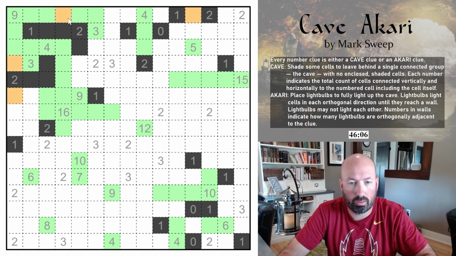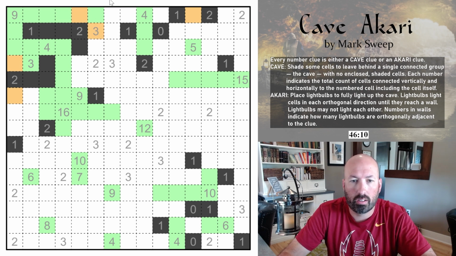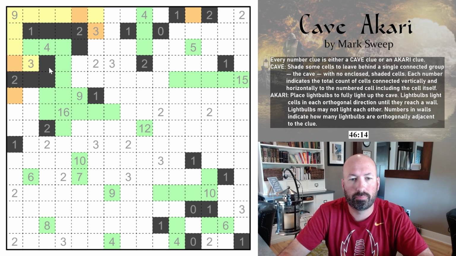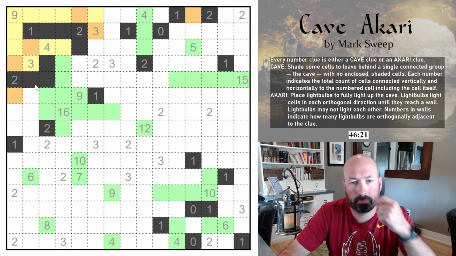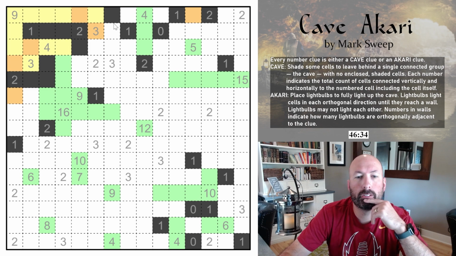And now let's light up their paths. The 1 is only going to have this option now. The 9 now has all 9 of its cells. So that's got to be wall.